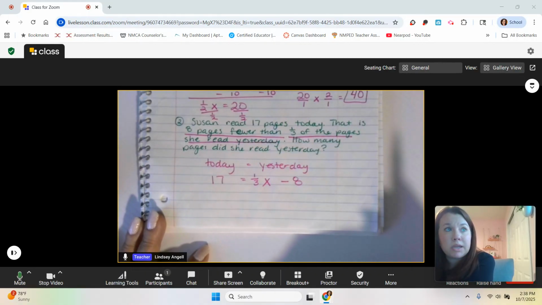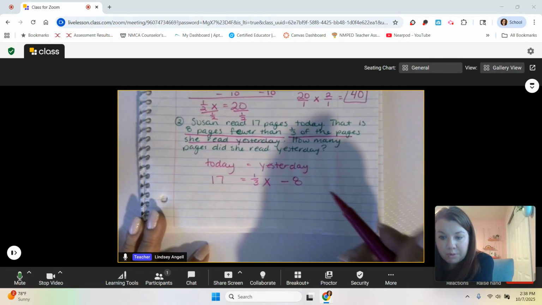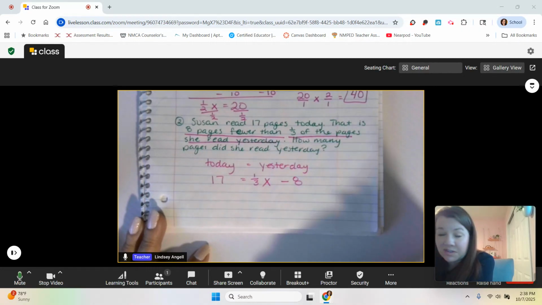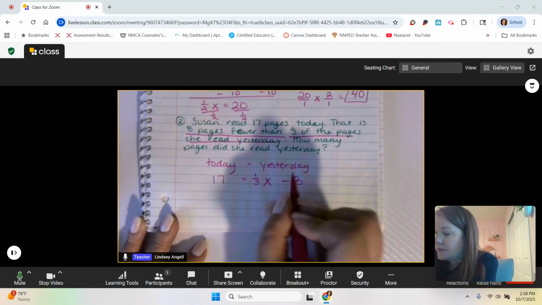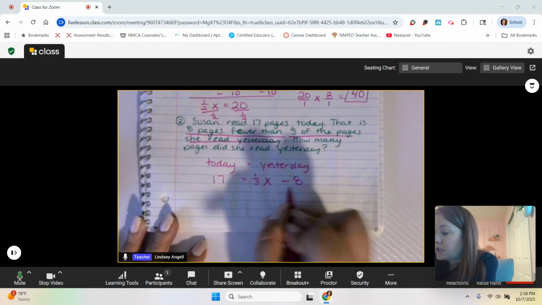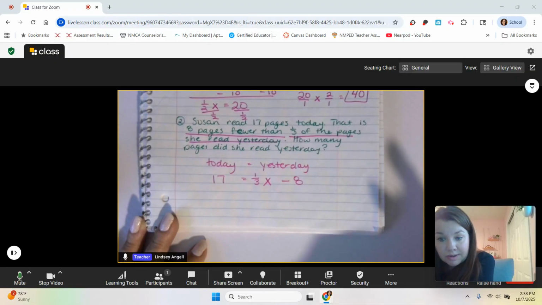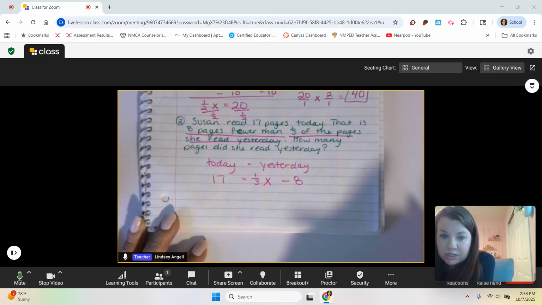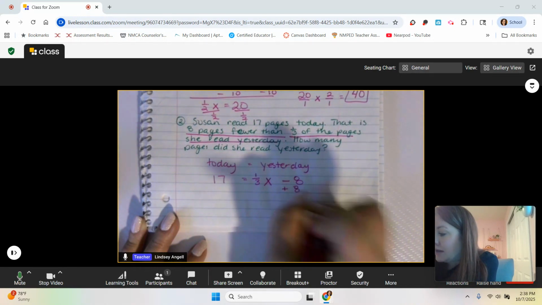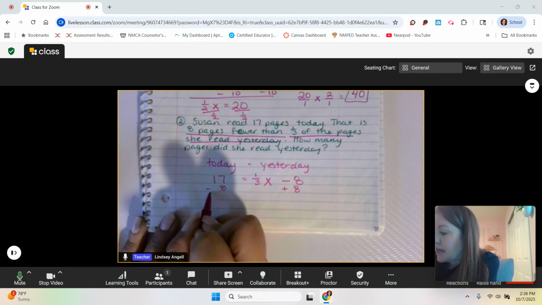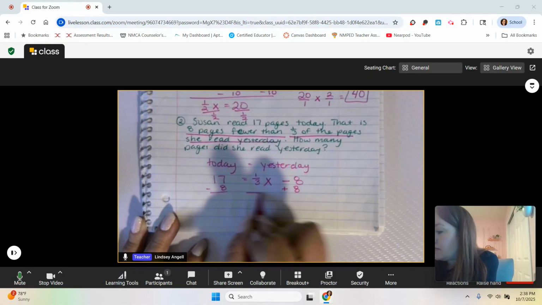Now on this one, on your practice, it actually wants us to solve, so let's go ahead and do that. Again, our goal is to get our variable by itself, so let's see, first, if we think PEMDAS, we got to get rid of addition or subtraction first because we're moving backwards. So I'm going to add 8 to both sides because right now I'm subtracting it.